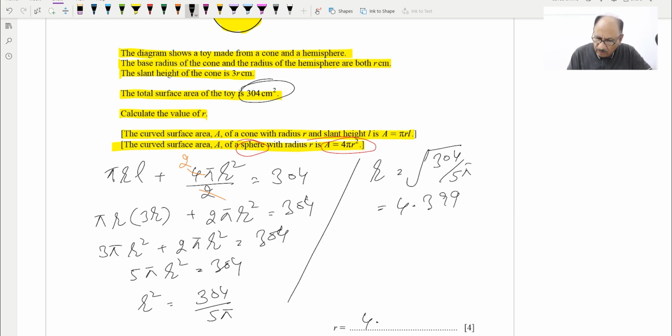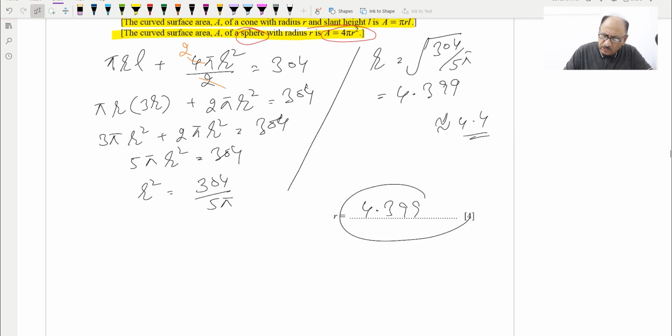This will be our value, and we can write approximately equal to 4.4 also, but it's fine. So this one is for 4 marks which we have done.